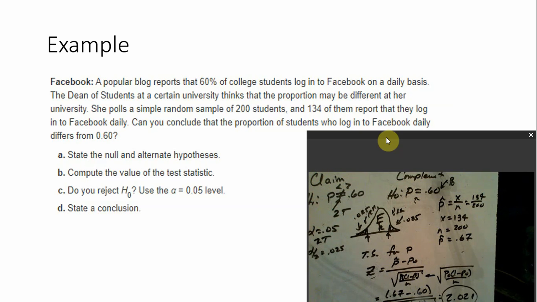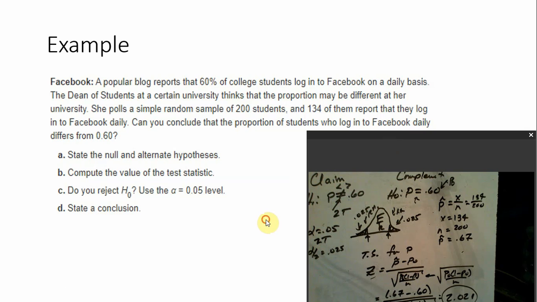Then I'm going to plot this out here, but I need the critical values. So I'm going to do the critical value z alpha over 2, because that's a two-tailed test: z 0.025.